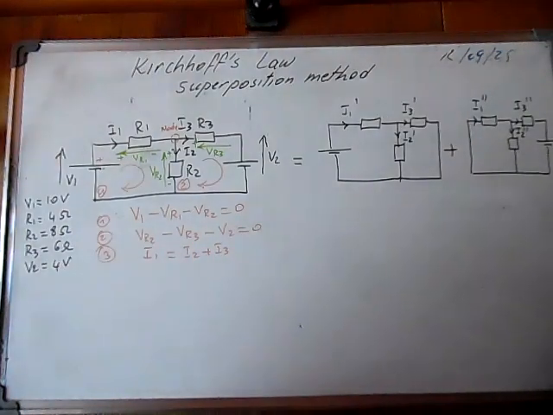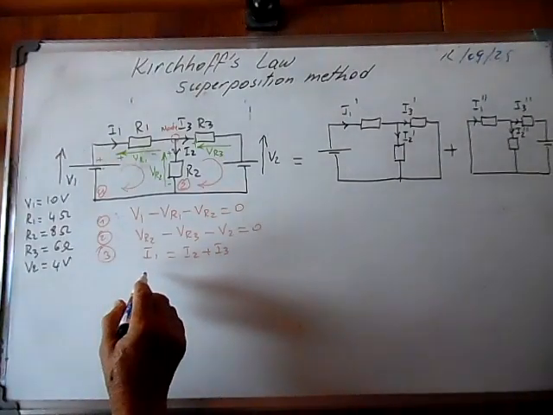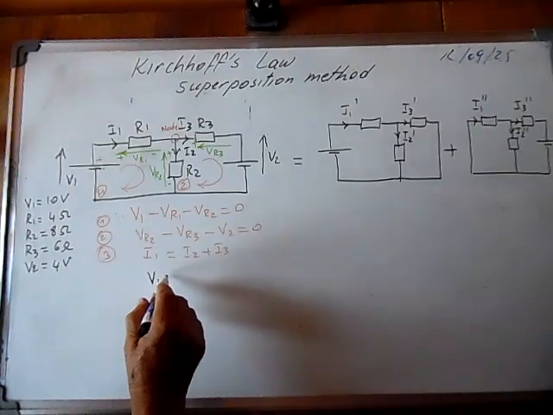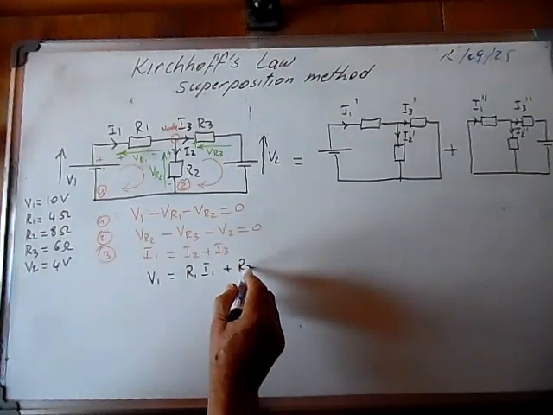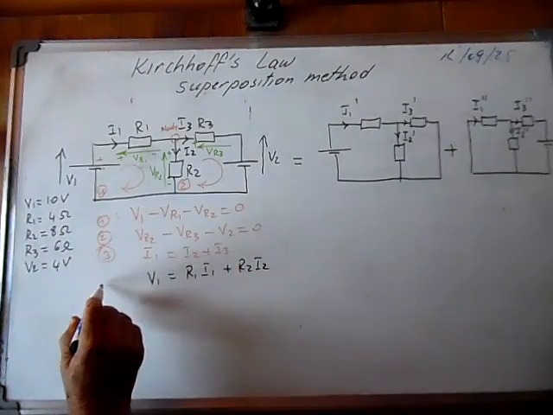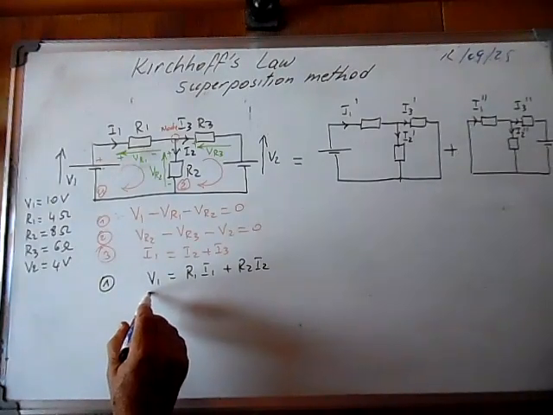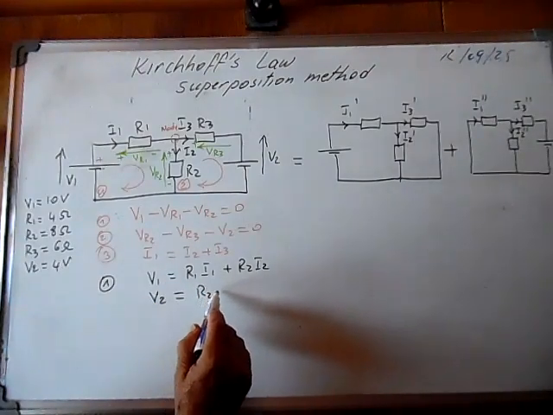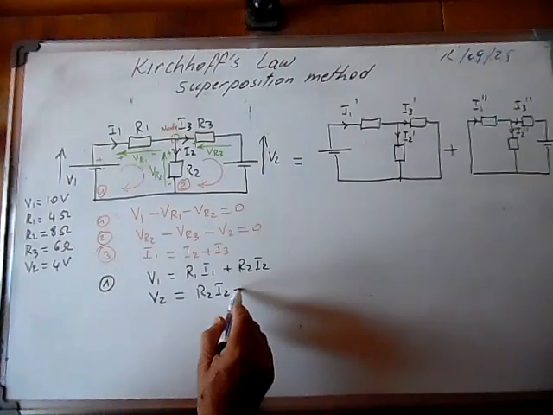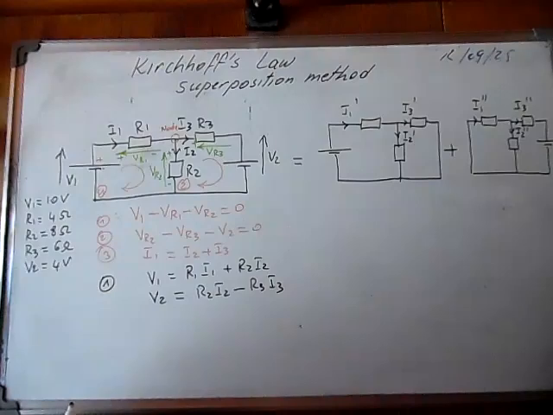From here, using Ohm's law, we can write that V1 is equal to R1 I1 plus R2 I2. So it means we rewrite the first equation this way, and V2 should be equal to R2 I2 minus R3 I3, which is VR3 and V2.